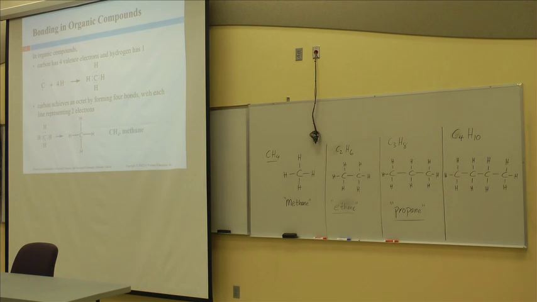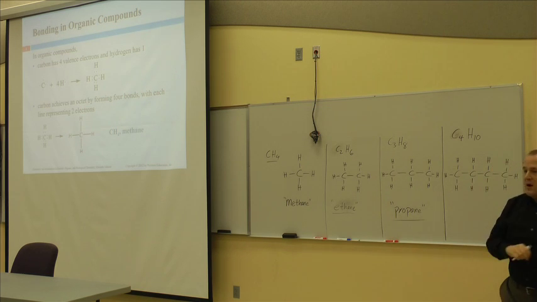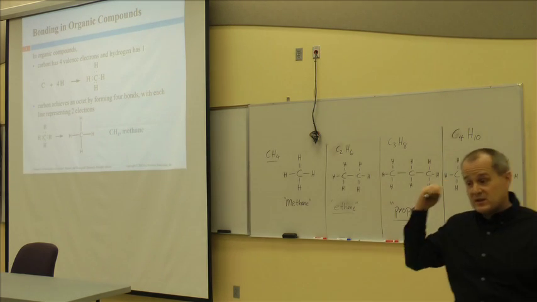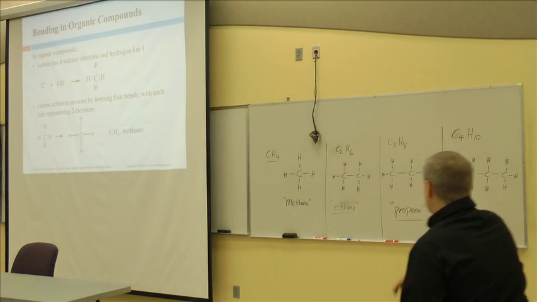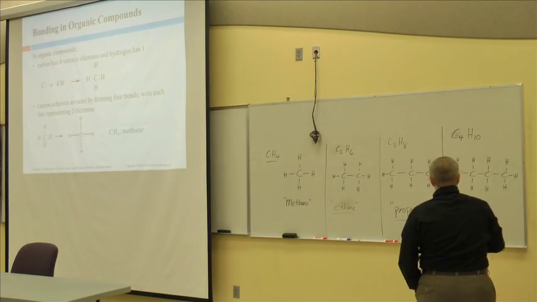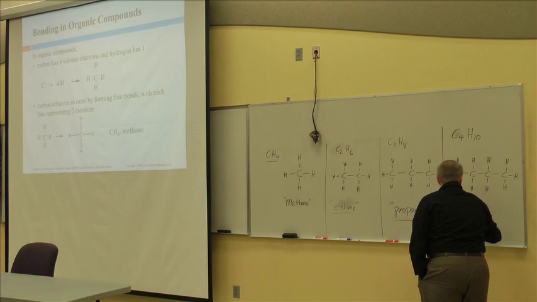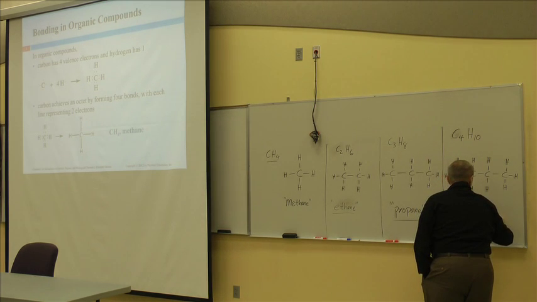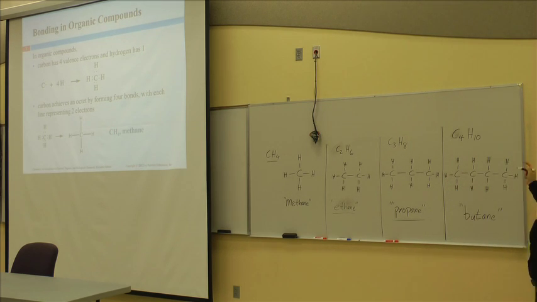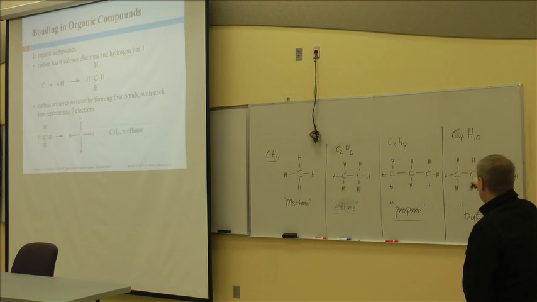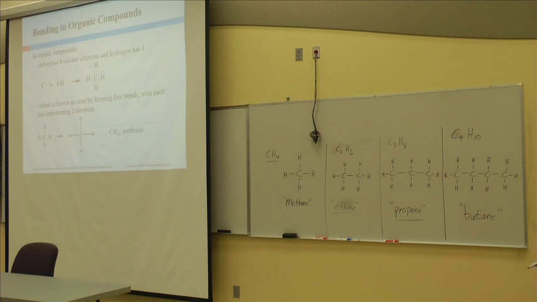We got 4 of them in the chain. Does every carbon in that structure have 4 bonds? Yes. So that's an acceptable carbon structure. This one is called butane. Everybody calls it that. Everyone recognizes butane. That's the structure of butane.